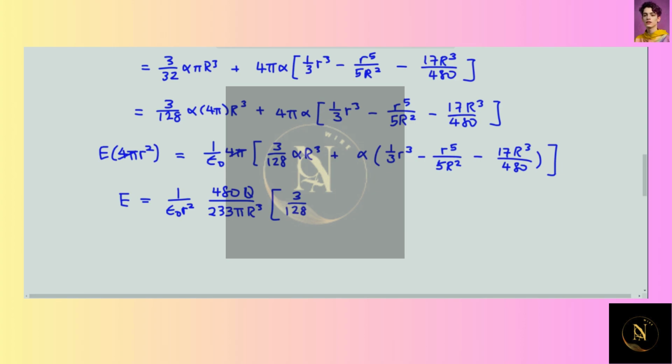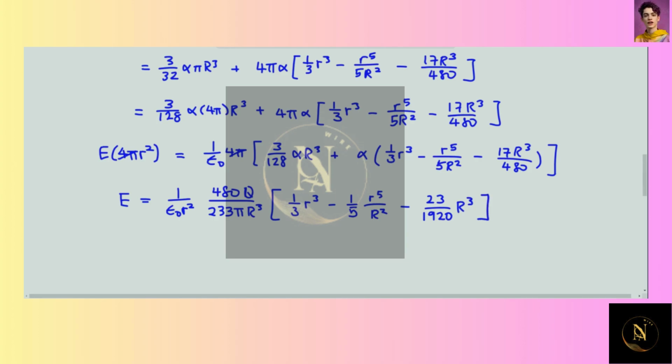Okay, I'm going to combine the 3 over 128 with the 1 over 480. So 1/3 r cube minus 1 over 5 r5 divided by r square, and then minus 23 over 1920 r cube.